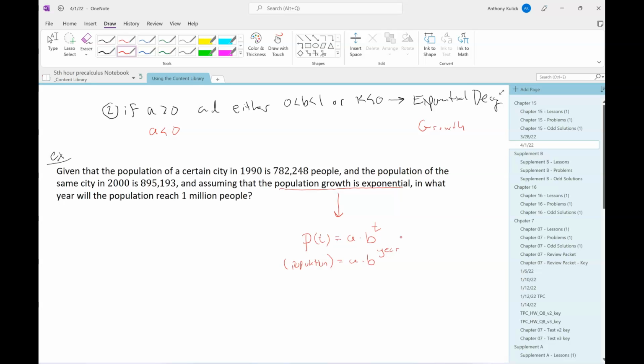Everybody feel okay with that? Since it certainly seems like the population of the city is going to depend on the year, that makes more logical sense than thinking the year is going to depend on the population of the city, right? You guys buy that? Okay.